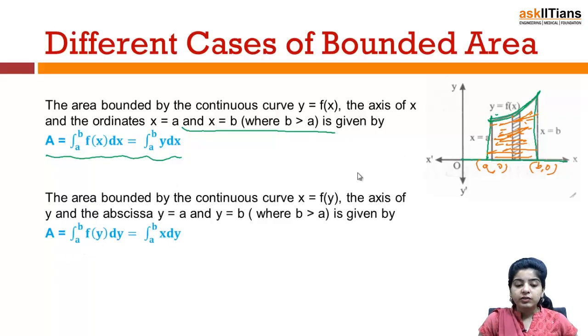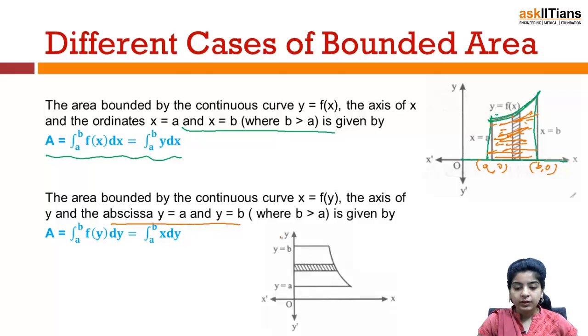Corresponding to this, suppose we have to find the area bounded by the continuous curve x equal to f(y), the axis of y, and the abscissa y equal to a and y equal to b. Suppose this is the curve, this is y equal to a, this is y equal to b, where b is greater than a.